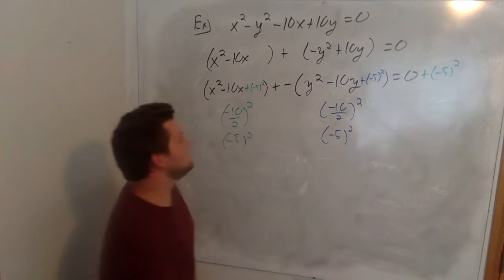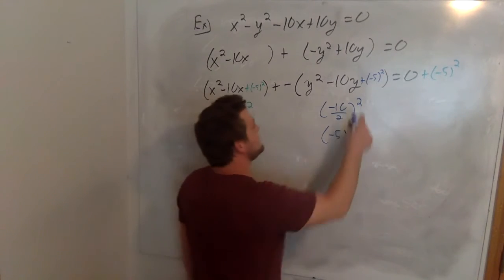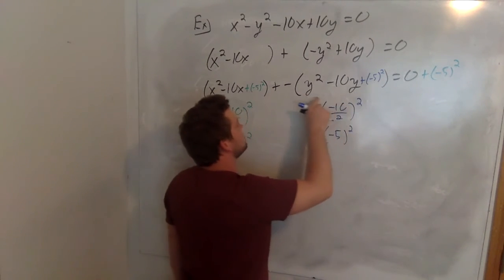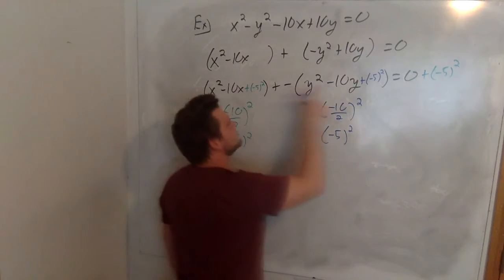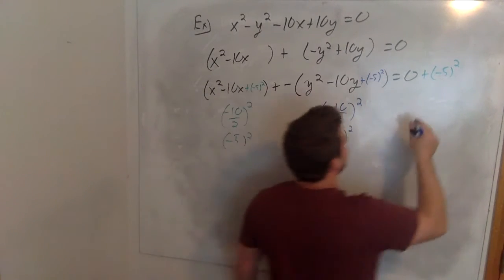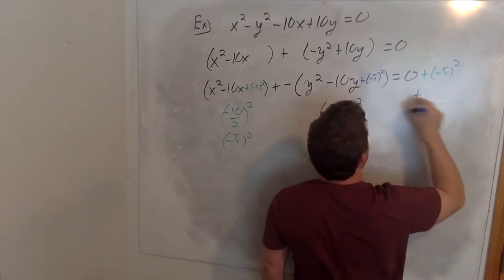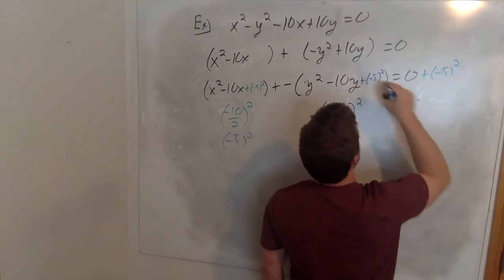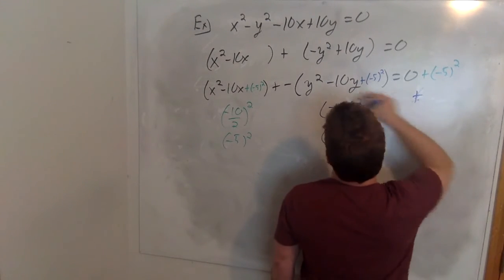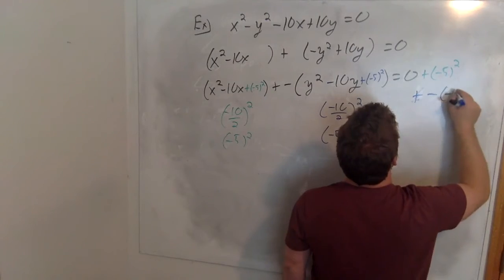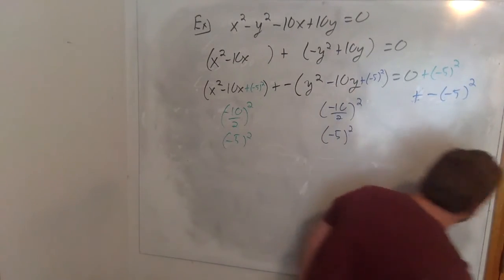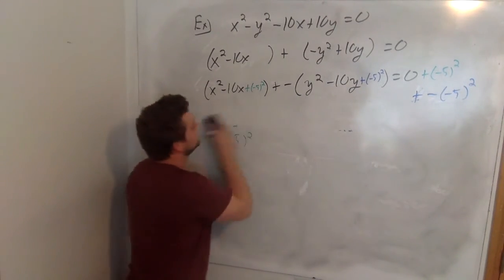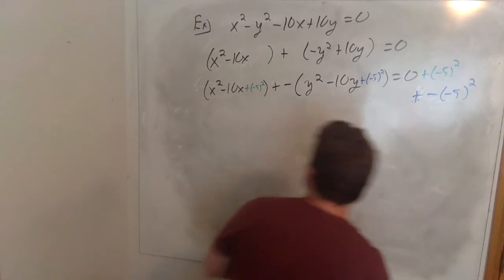But here we're actually adding a negative, -5 squared, so we're subtracting. Let's see what we get when this cleans up.